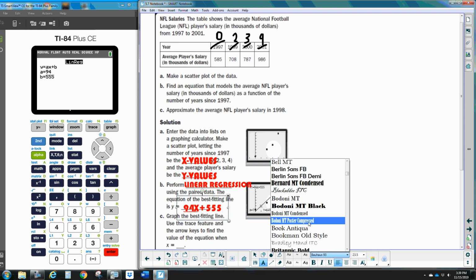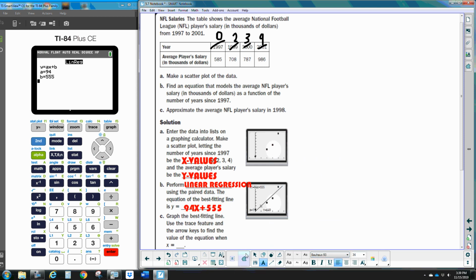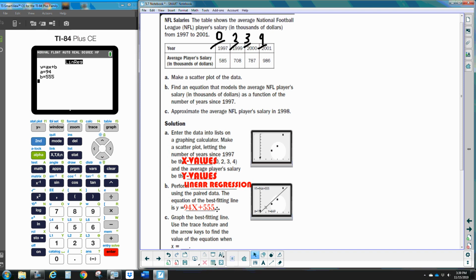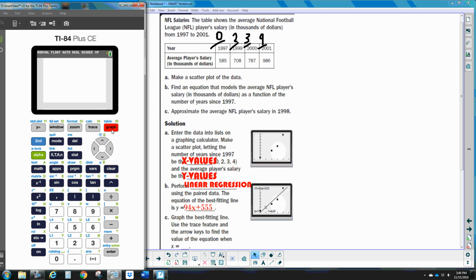As you need to review or rewind this video, please pause and do so. But my equation that I get is y equals 94x plus 555. Now, if I graph this, now I can see that line of best fit.